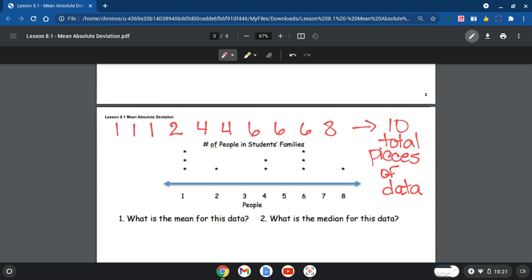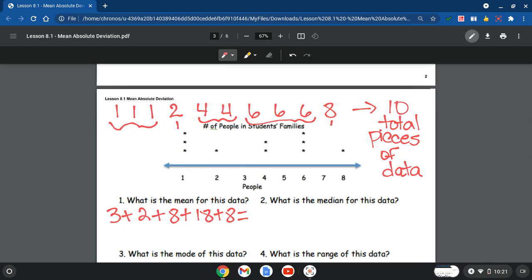We will find the mean by adding all of those numbers. If I add those 3 ones, I would get 3, plus the 2, plus the 2 4s would give me 8, plus the 3 6s would give me 18, and finally the 8 would be the last number I am adding.